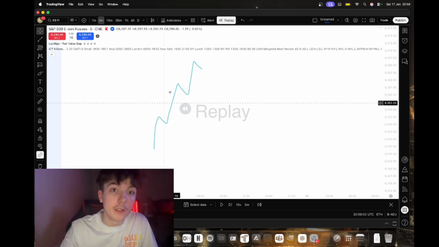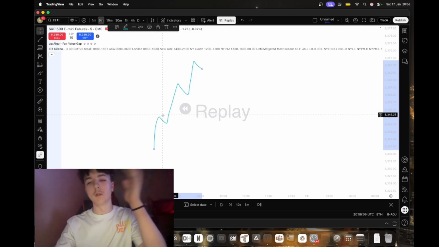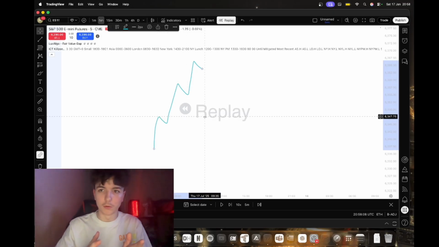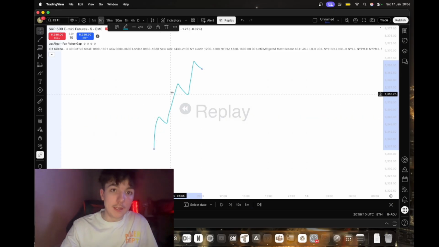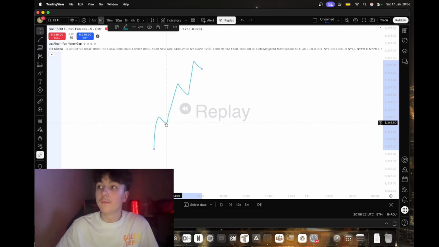See how the second high is higher than the first high. So this is a higher high than this high, and this low is a higher low than this low. All this would mean is we're in an uptrend.